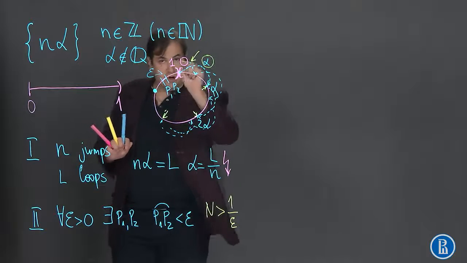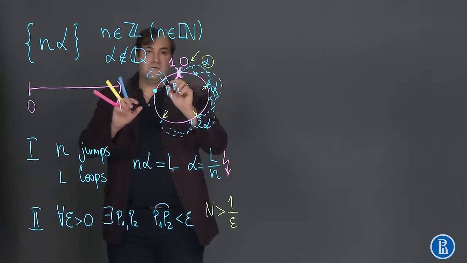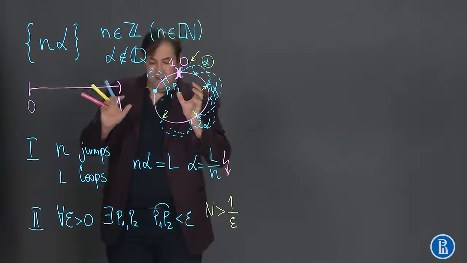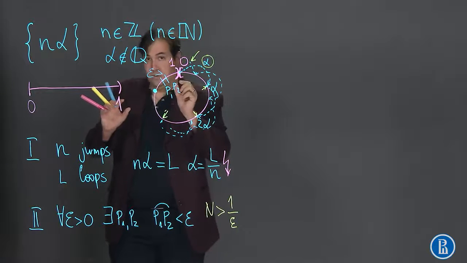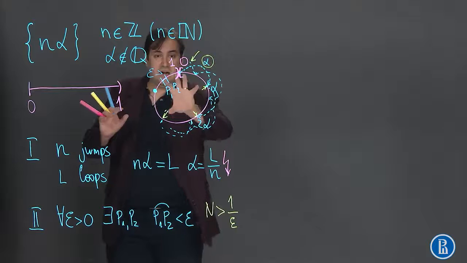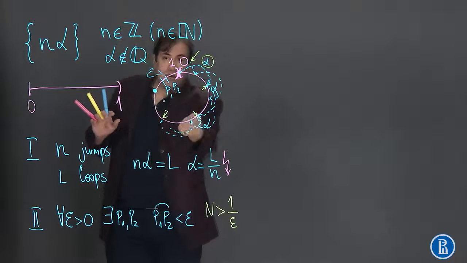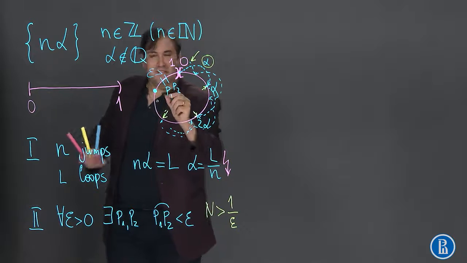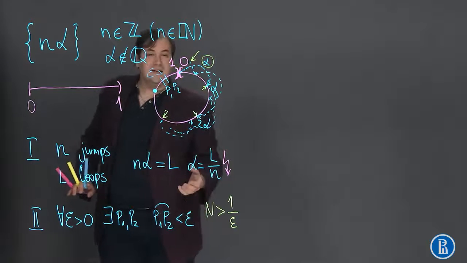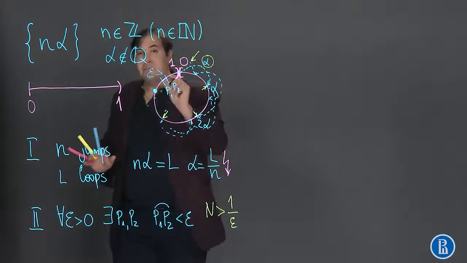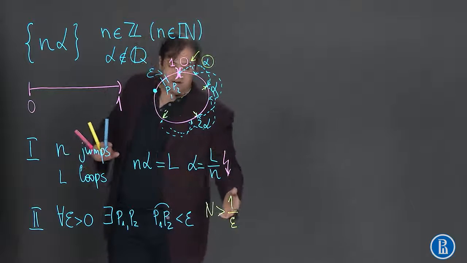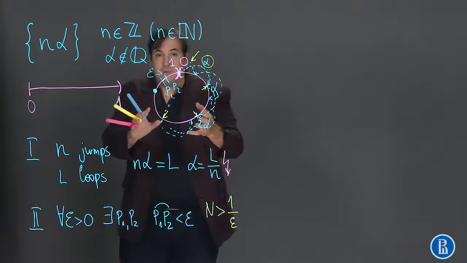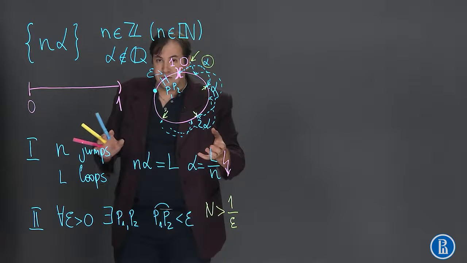arcs between these points, so we understand that if every one of these arcs were greater than epsilon, if its length were greater than epsilon for every one of these arcs, so we have many arcs, and the length of each of these arcs is greater than epsilon, well, greater or equal, and the number of these arcs is greater than 1 over epsilon, then the length of the circle itself would be greater than 1, which is of course impossible.